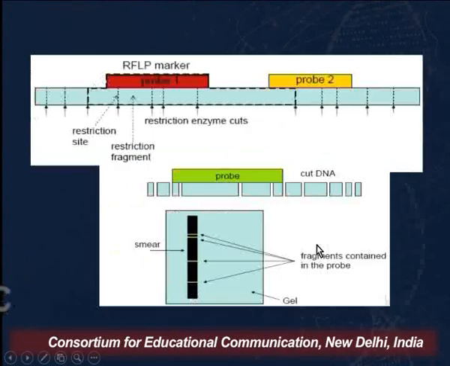This is the restriction fragment length polymorphism, explained here in another diagram, which tells you that you create a probe encompassing this RFLP marker, and you are going to get distinct fragments on the DNA. When you do DNA fingerprinting for an individual, this pattern would be very different from another individual. Why?